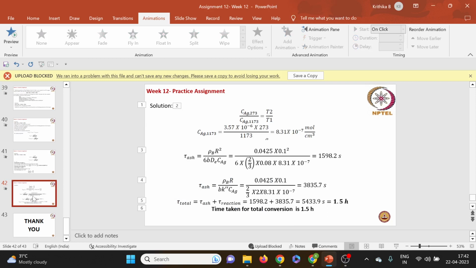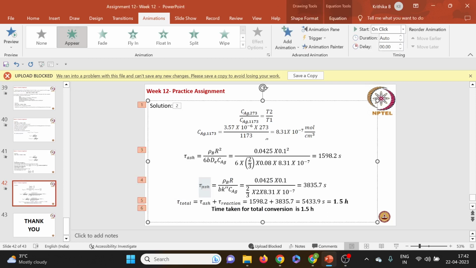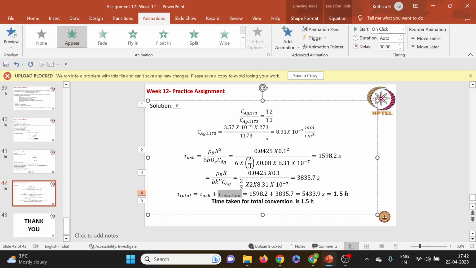And similarly, we can find out the value of tau of reaction.